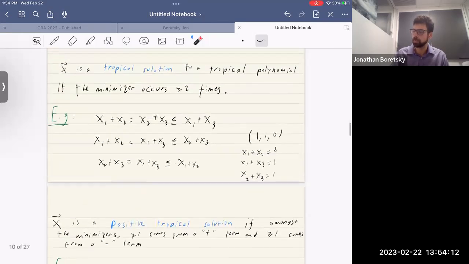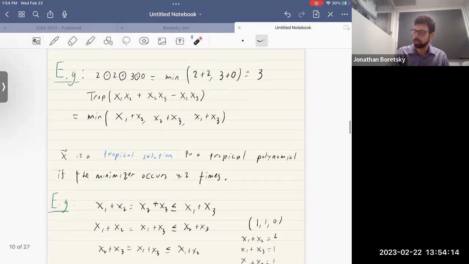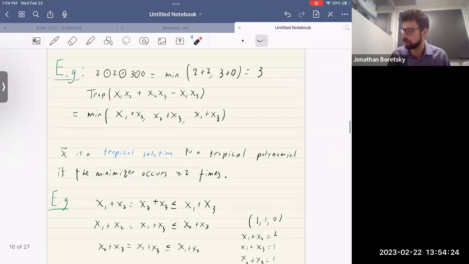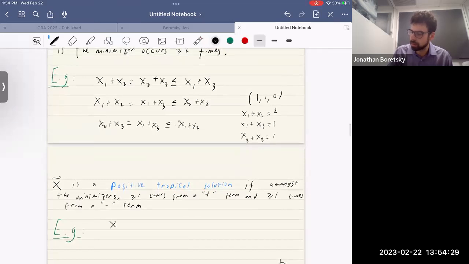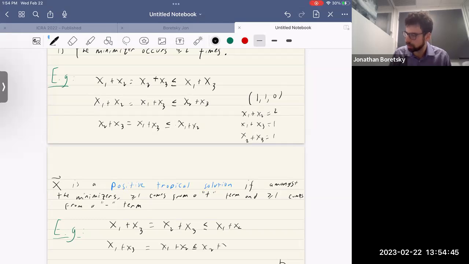So if we go back to this example, one of our minimizers needs to come from these 2 with the plus sign, and one of our minimizers needs to come from this term which has the minus sign. Or another way of saying that in this case is that x1 plus x3 needs to be involved in the minimum. So a positive tropical solution needs to involve x1 plus x3 in the minimization, or x1 plus x3 equal to x1 plus x2, which is less than or equal to the third option.